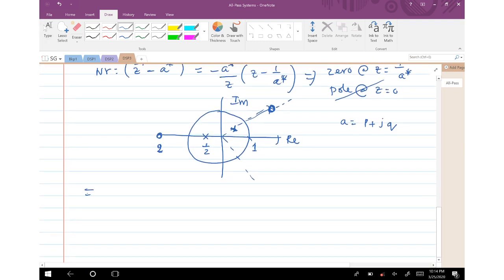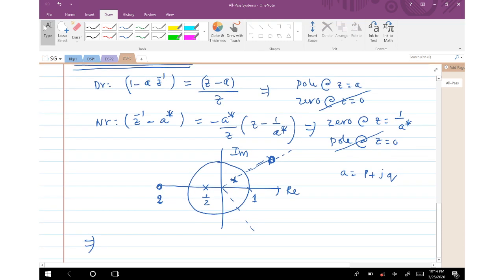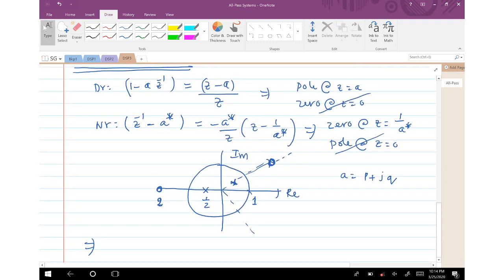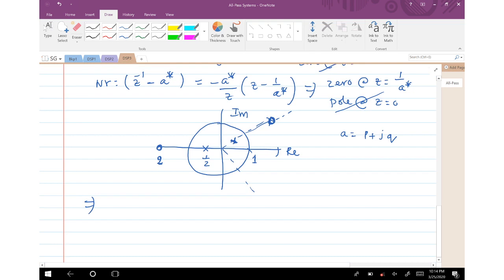So see here, if you have a pole at z equal to a and 0 at 1 by a conjugate, which is nothing but you are taking conjugate and then reciprocal of it. Or you could start with 1 by a conjugate as your pole and you will end up with a then.